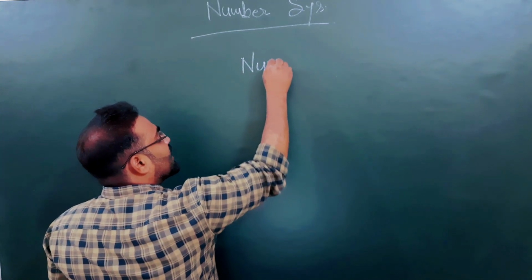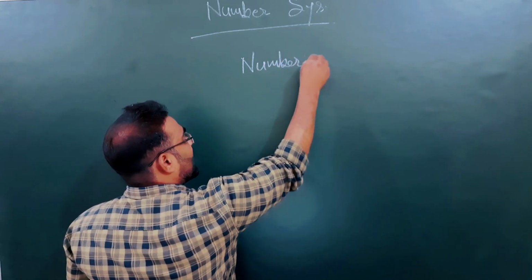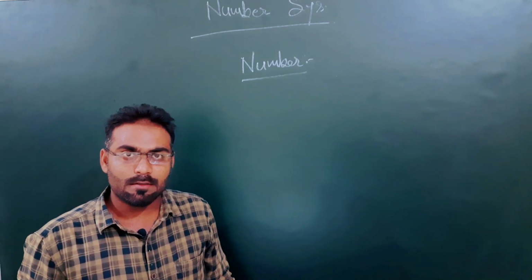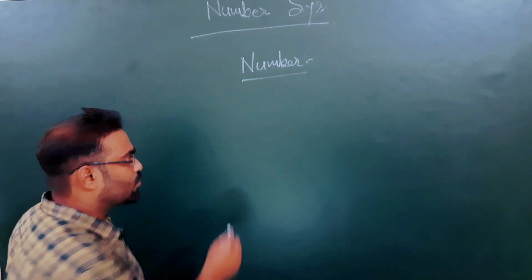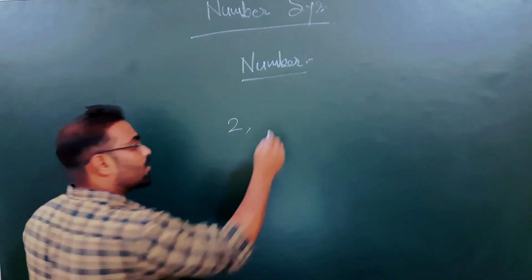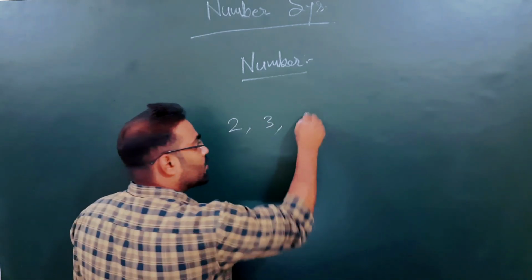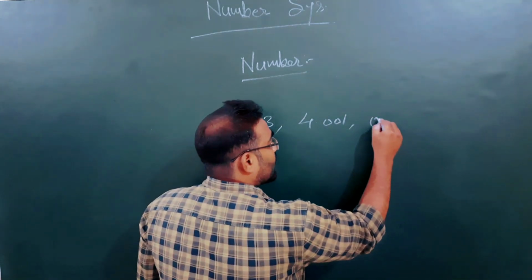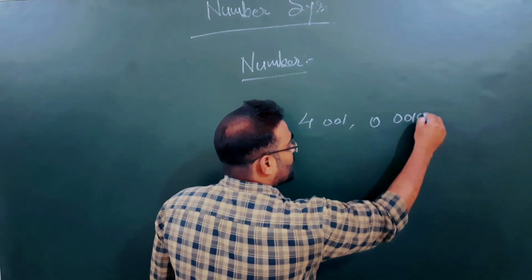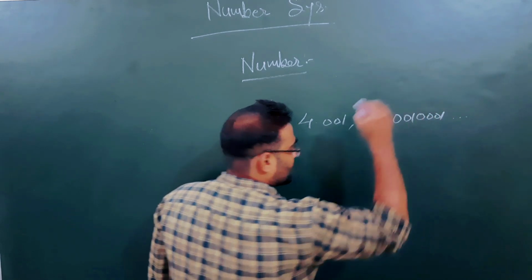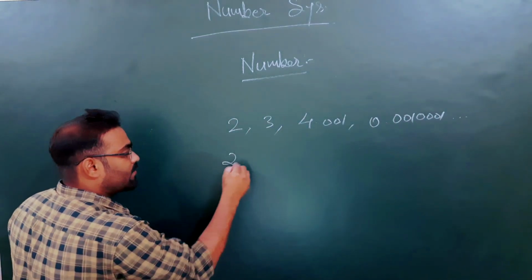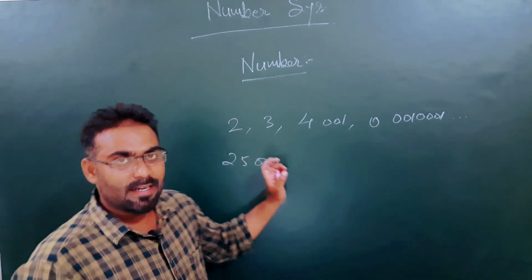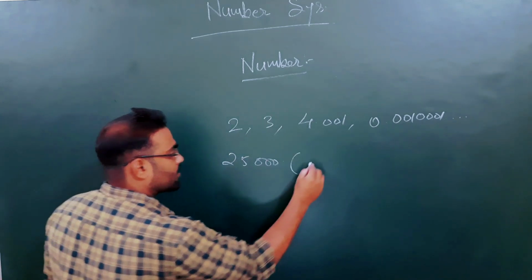Any number that may come to your mind, just think of any number, let's say if you thought 2, if you thought 3, if you thought 4.001, if you thought 0.0010001 and so on. Let's say you thought 25,000. All those numbers which you thought right now are actually real numbers.